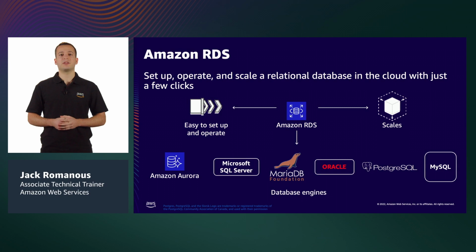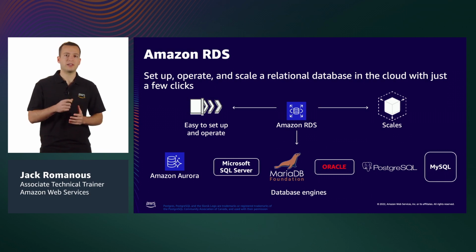RDS also gives you the ability to run your database instance in a multi-AZ deployment, which increases fault tolerance by maintaining a synchronous replica for automatic failover. Lastly, you can scale the compute resources and storage capacity needed for your database over time as your data or your demand for your database grows.